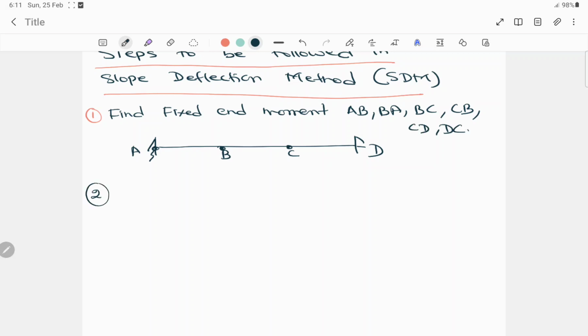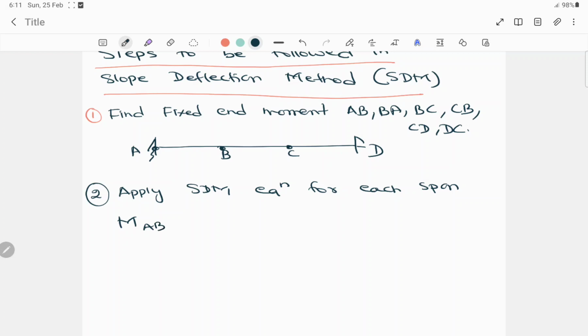Now the second step is to apply the slope deflection equation for each span. Here we have a formula for the slope deflection equation, which I have already written in previous videos also.